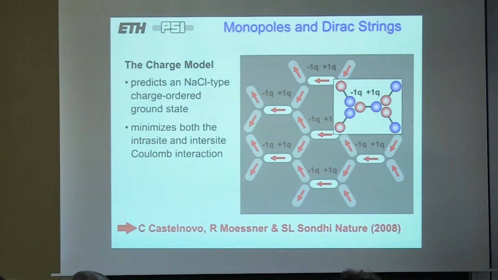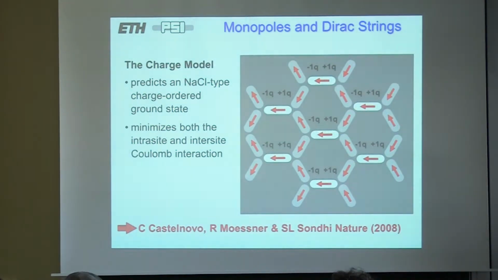So I can replace each of these moments with a charged dumbbell, so that at a vertex I have, for example, two negative charges and one positive charge, so a net positive charge. And at the other vertex, I have two positive charges and one negative charge, so a net positive charge. And so I have all these negative and positive charges on alternating vertices on this array. If I apply now a field, I can reverse a string of moments.